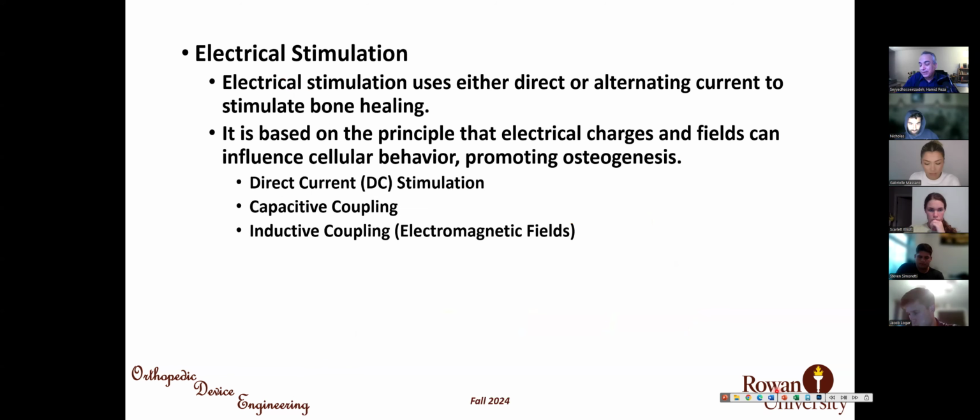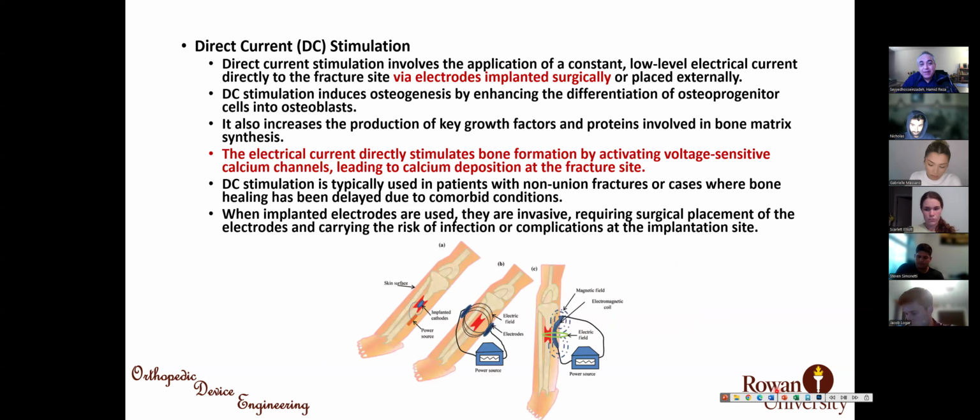Electrical stimulation is another mechanism, which can use direct current, capacitive coupling, and inductive coupling. Each one of these uses different aspects of electrical stimulation.